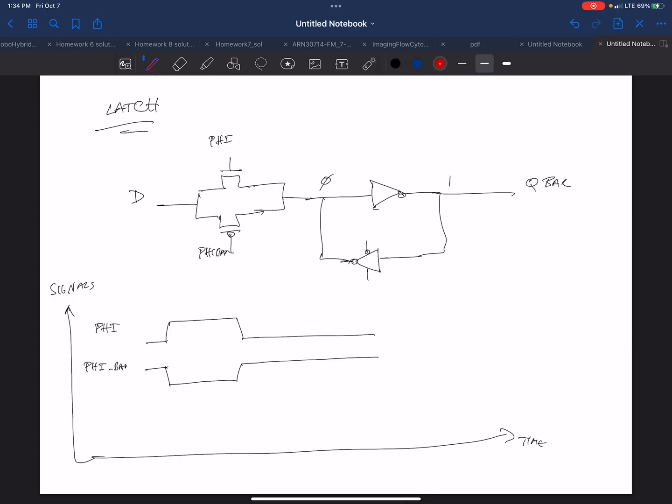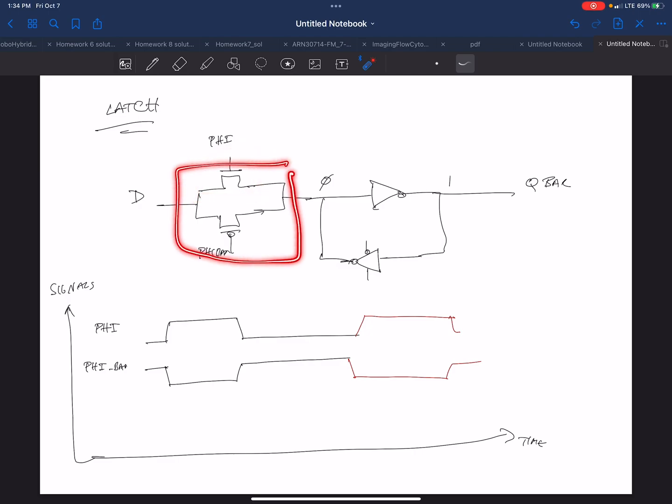What I want to happen is when phi is on, this input, this guy is on, this switch is working.